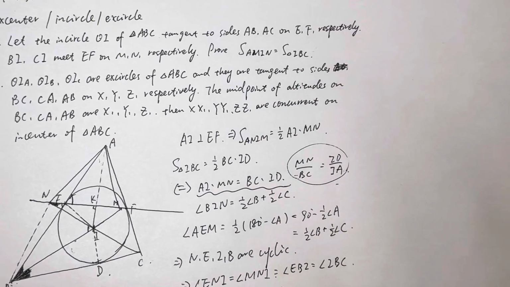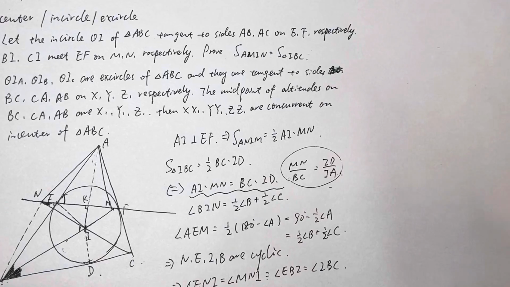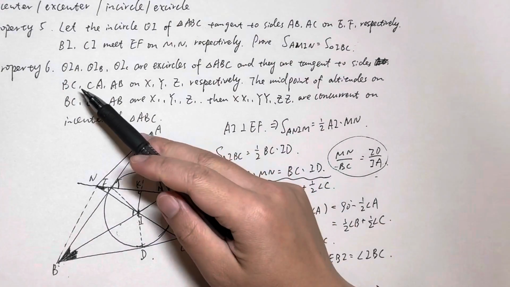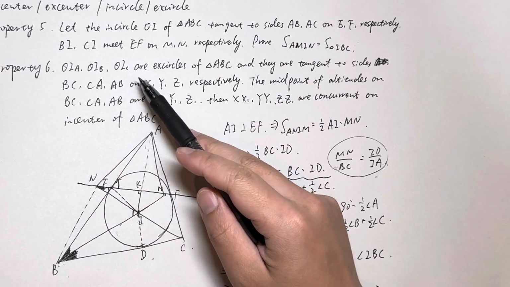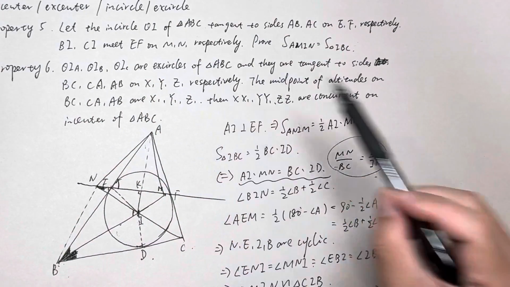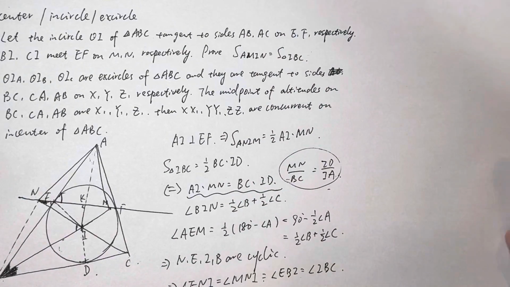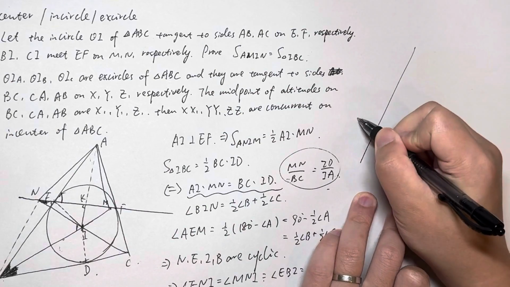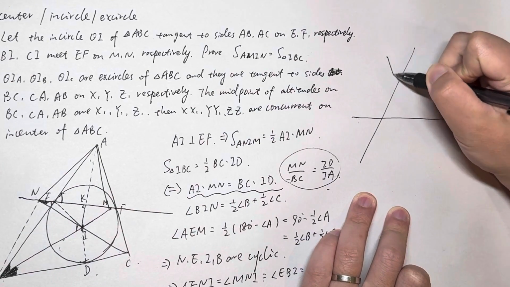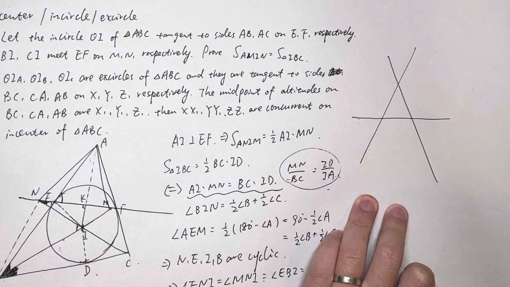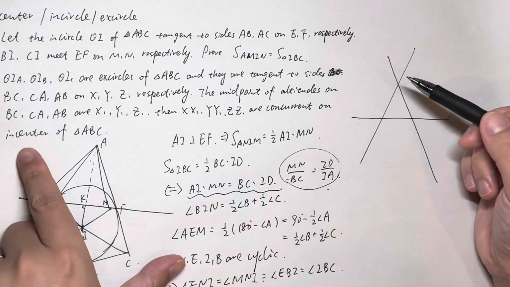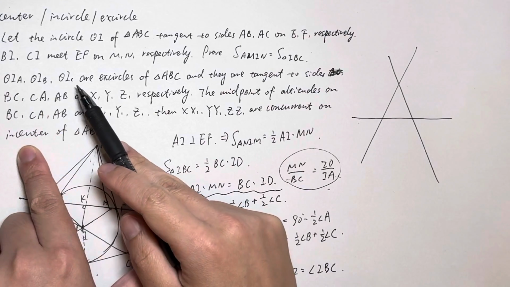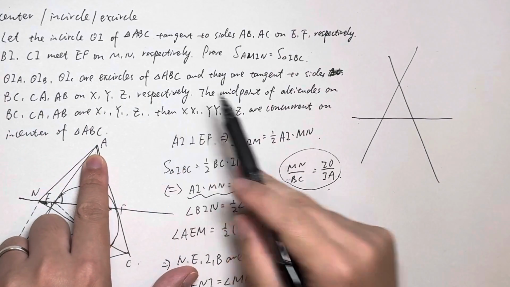And let's see property 6. Circle IA, circle IB, circle IC are the X circles of triangle ABC. Let me draw this right here. So you can see that circle IA, circle IB, circle IC are the X circles of triangle ABC.